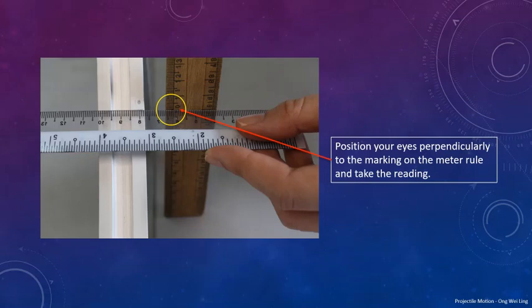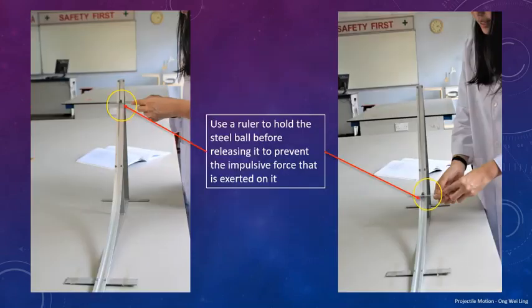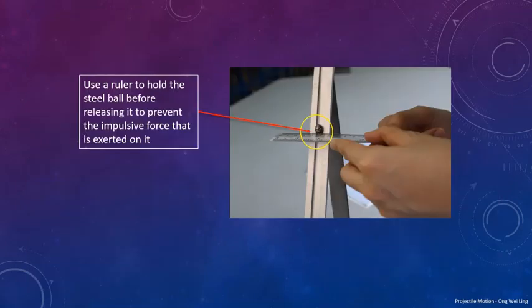Position your eyes perpendicular to the marking on the meter rule and take the reading. Use a ruler to hold the steel ball before releasing it to prevent the impulsive force exerted on it.